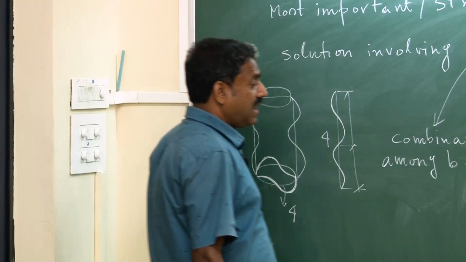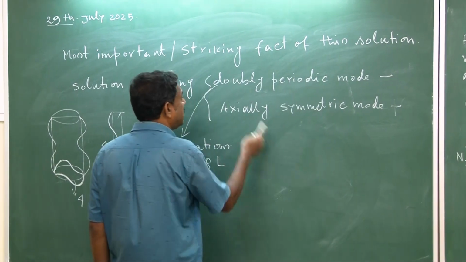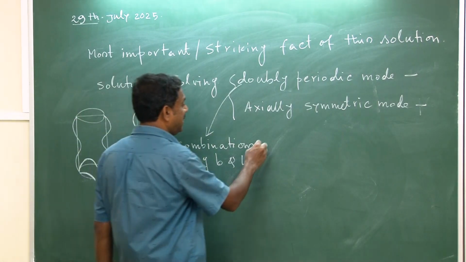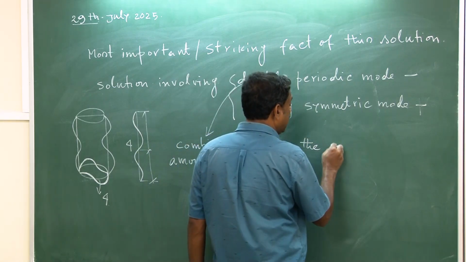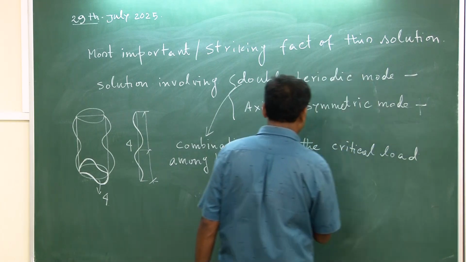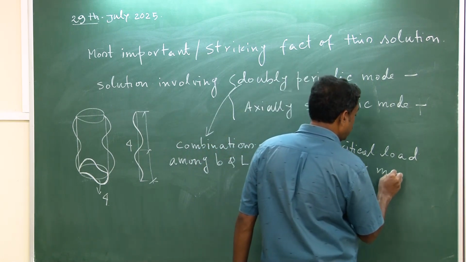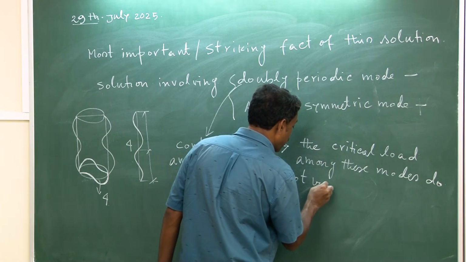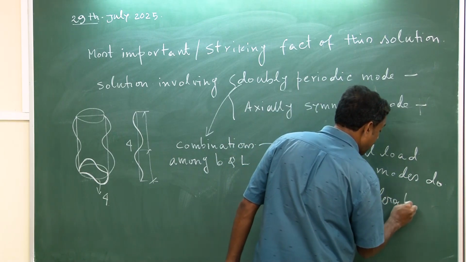Now, it has been seen that if you consider the axially symmetric mode, or the doubly periodic mode with any combinations among B and L, then a very interesting striking fact is that the critical load among these modes does not vary considerably.